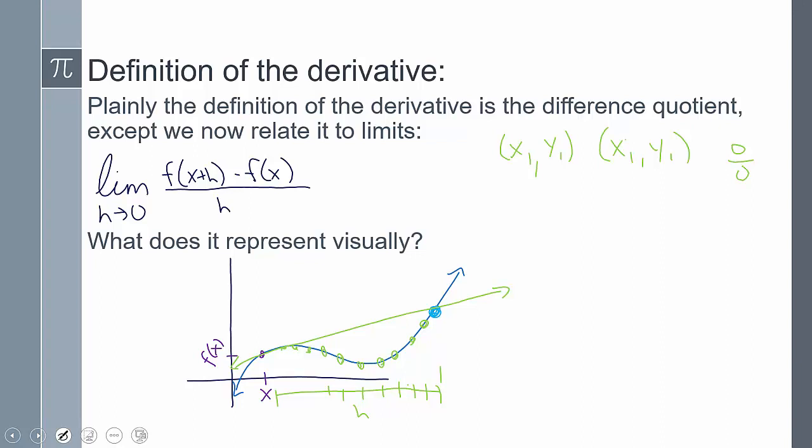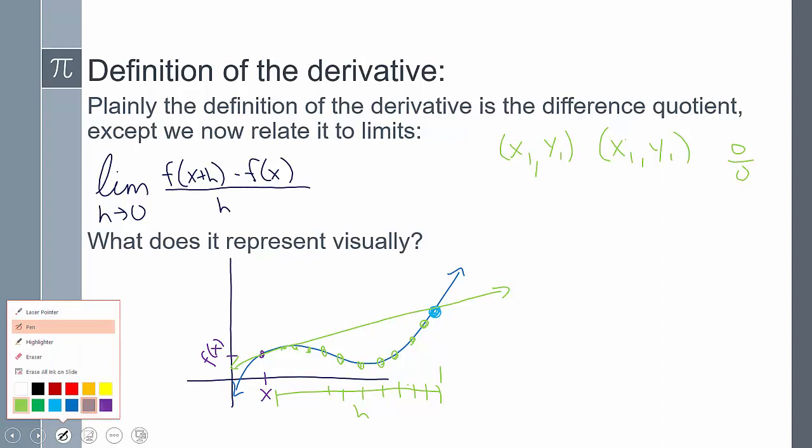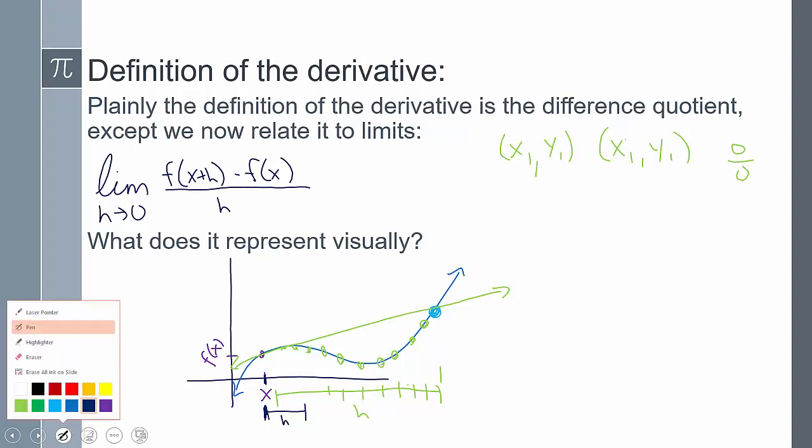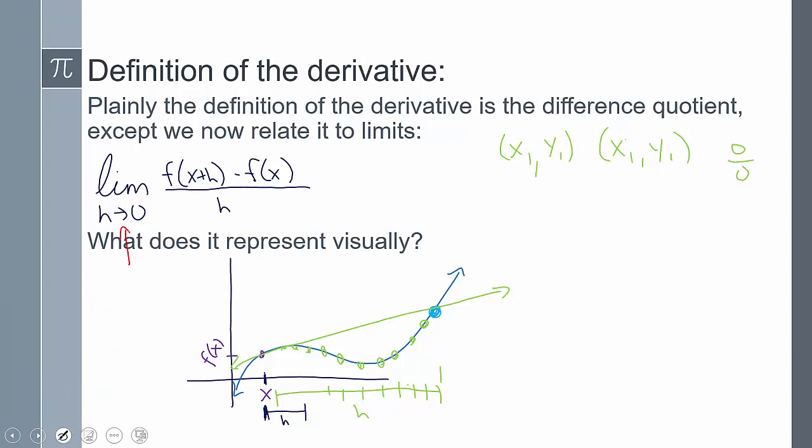Well, 0 over 0 is undefined, but remember, when it comes to limits, 0 over 0 has meaning. And so the idea is, instead of just saying it's the same point, I'm going to say it's some distance h away, but I'm going to say h goes to 0, which is why I now have the limit as h goes to 0.